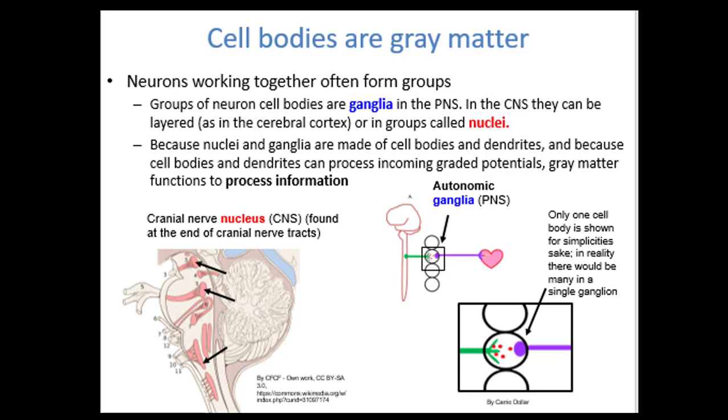So in the magnified picture, we can see a cell body inside the ganglion. Now, I'm only showing one cell body inside this ganglion for simplicity's sake, but in reality, there would be multiple cell bodies in this ganglion, and they would be processing information coming from the central nervous system so that this cell body in the ganglion can make a decision and then possibly send a signal out towards the visceral organ.